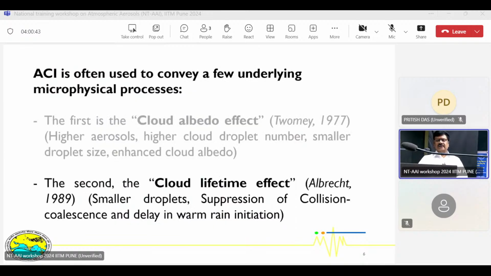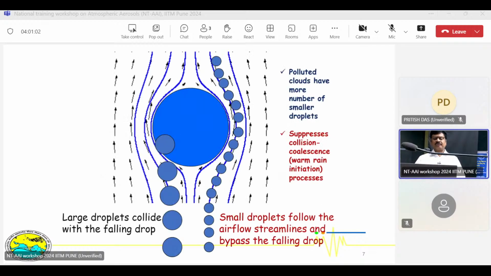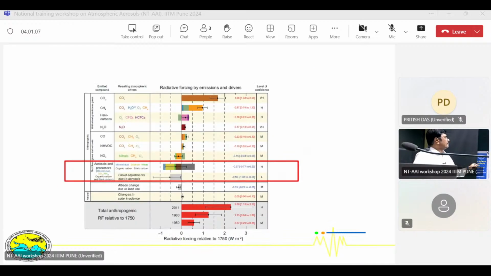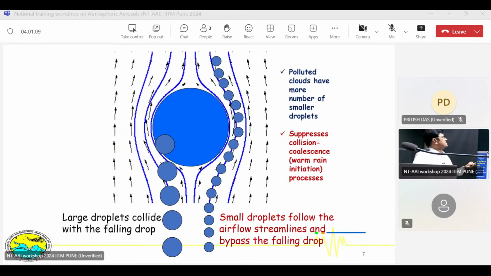Then the second indirect effect is the cloud lifetime effect. Here, if there are small droplets, it will lead to suppression of collision-coalescence, and it will further delay the warm rain initiation. So here in this case, you see the drops are big while falling.